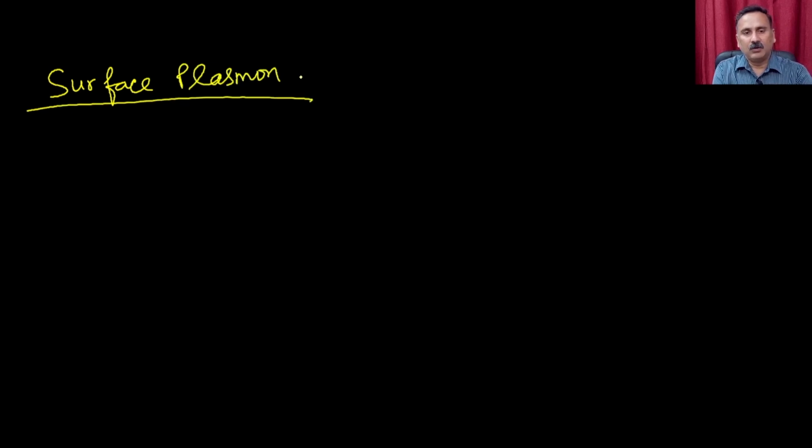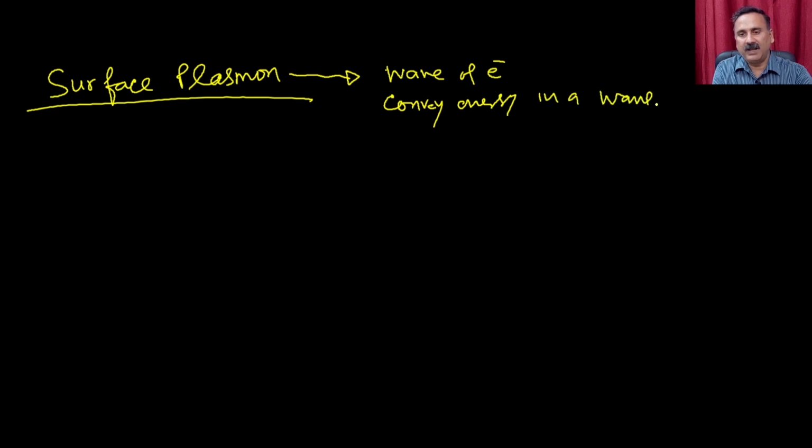So what is meant by the surface plasmon? Surface plasmons are waves of electrons which are going to convey energy in a wave-like fashion.